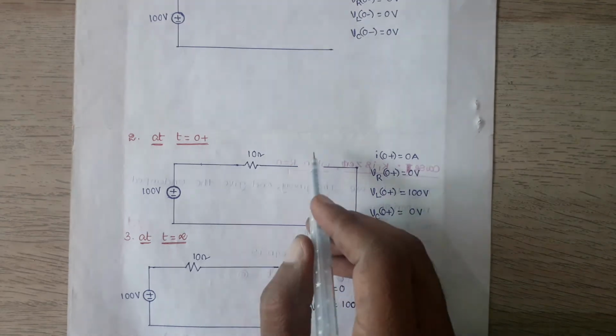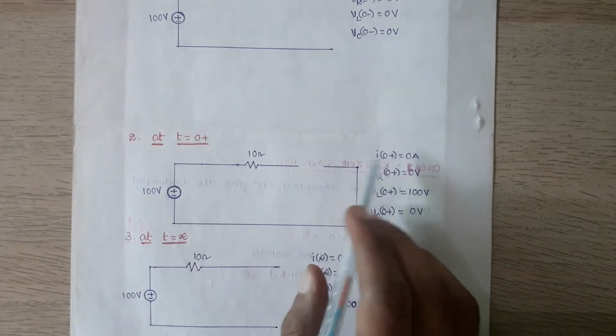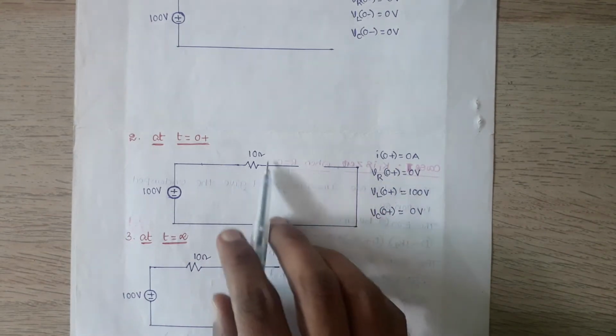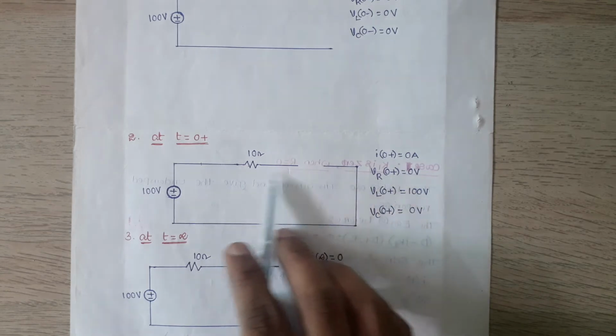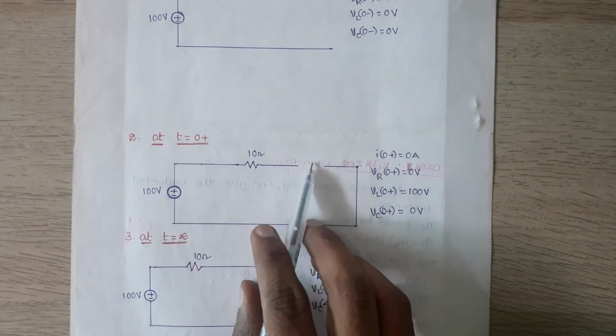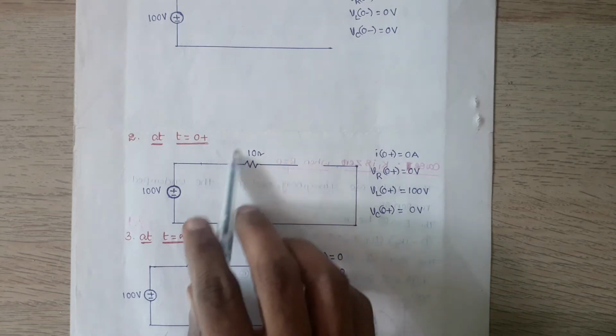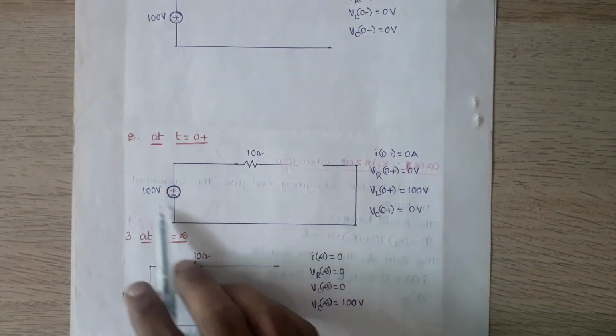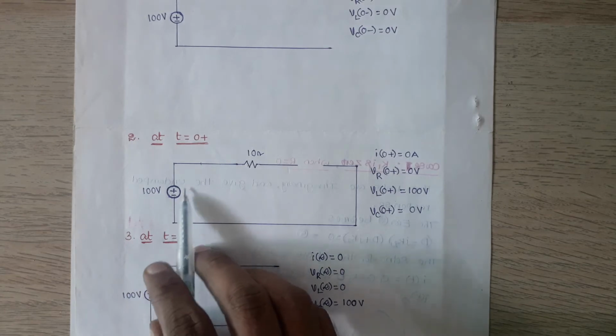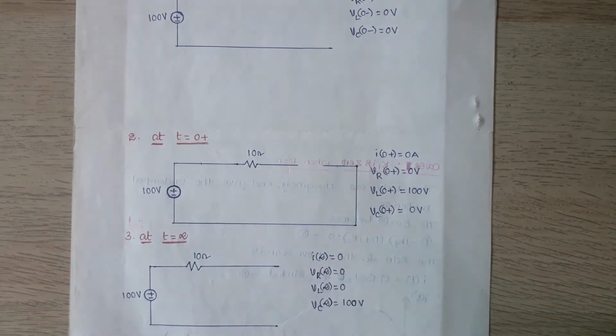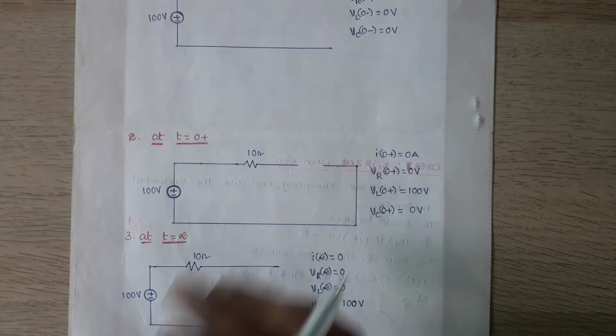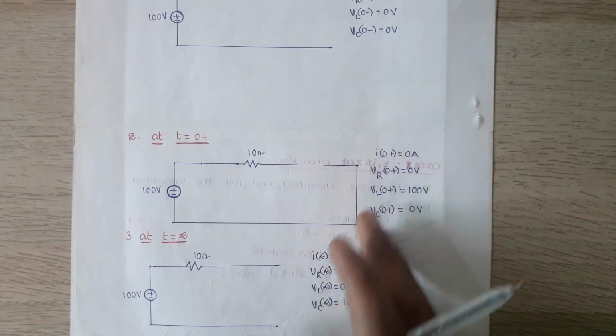Because the inductor is open circuit, current in the circuit is 0, and as current is 0, voltage across the resistor is 0. So this 100 volts DC source comes across the inductor, so voltage across the inductor is 100 volts. As the capacitor is short circuit, voltage across the capacitor is 0. So VC of 0 plus is equal to 0. This is the equivalent circuit and the information at t equal to 0 plus.